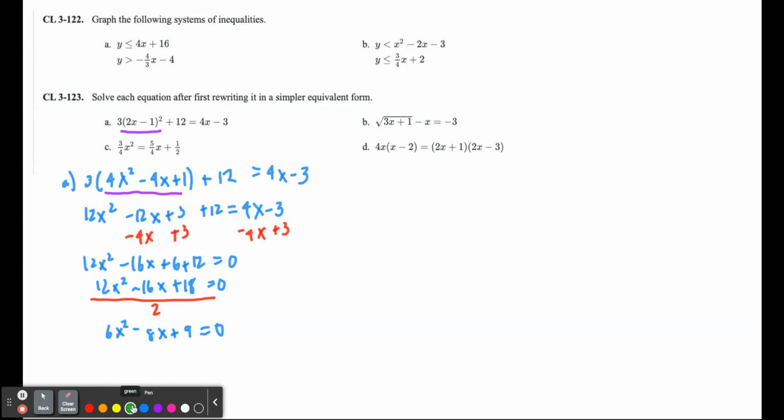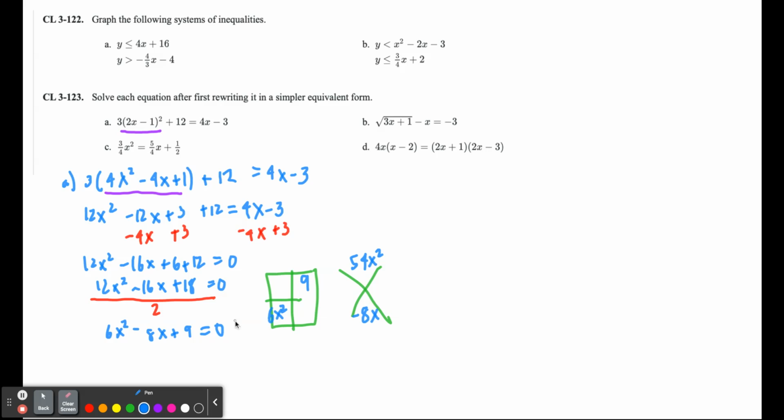And then let's solve this using an area model and diamond because we have something here. So the 6x squared goes here, the 9 goes here. You multiply them, you get 54x squared. And then you put the negative 8x here. So unfortunately it doesn't factor.